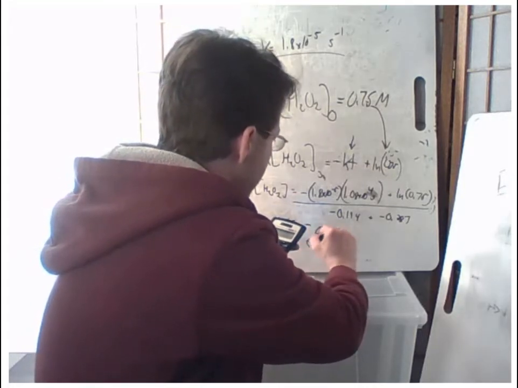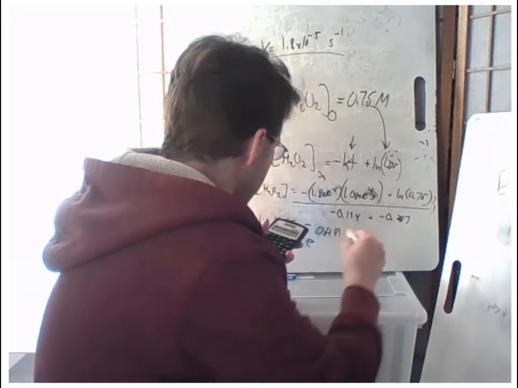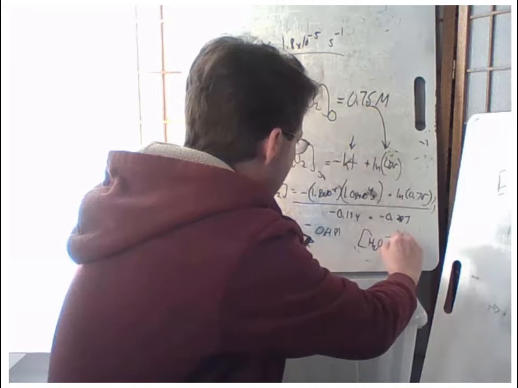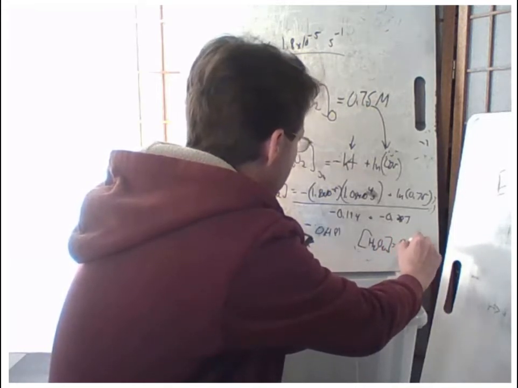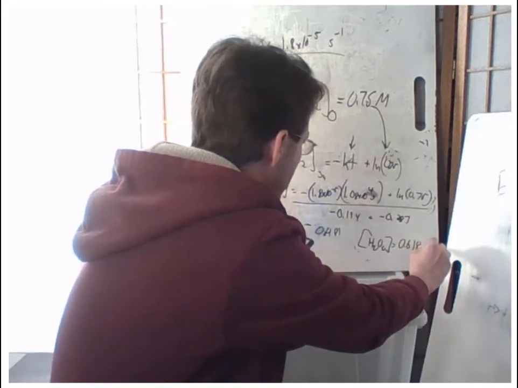In this case it's a negative number, so we have to take into account the e to the x. And so I get the concentration of H2O2 after 3 hours is equal to 0.618 molar.